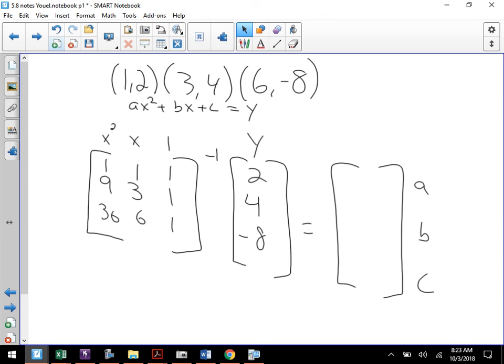So alpha zoom, enter the matrix, then inverse, alpha, and the y values. I get negative 1, 5, negative 2.